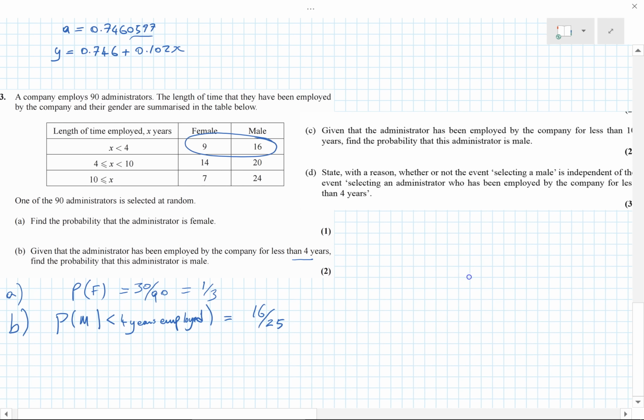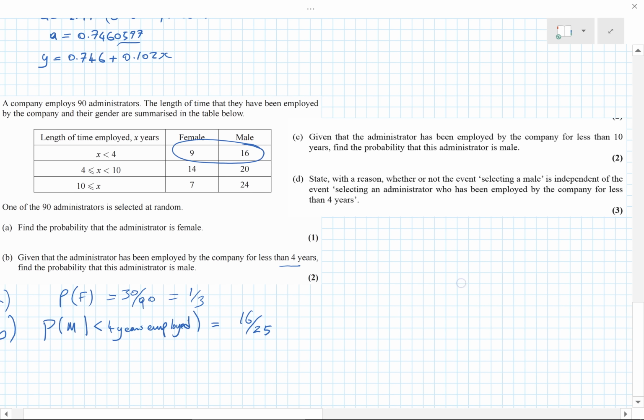Okay, part C says, given that the administrator has been employed by the company for less than 10 years, find the probability that the administrator is a male. So again, this time I perhaps will use the formula, because otherwise we might mess up. So we're being asked for the probability that they're male, given that they're less than 10 years employed.